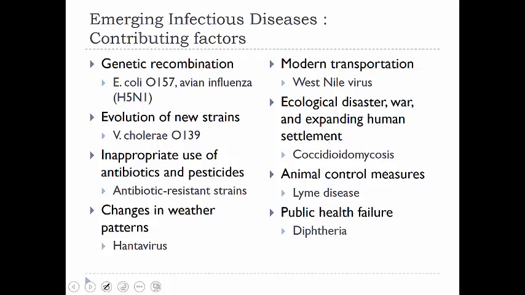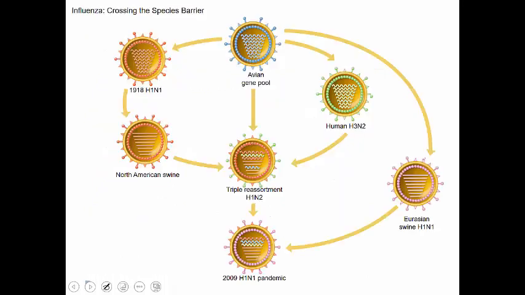Ecological disaster, war, and more people in areas are going to help increase the numbers of infectious diseases. Also animals and how we control them, whether they come into more contact with people, etc. And then also where things just went wrong, where potable water wasn't available, or where the public health system failed. These are examples of those cases.